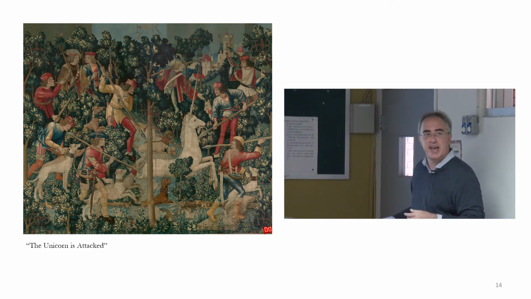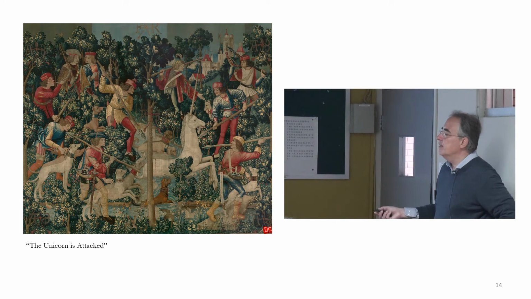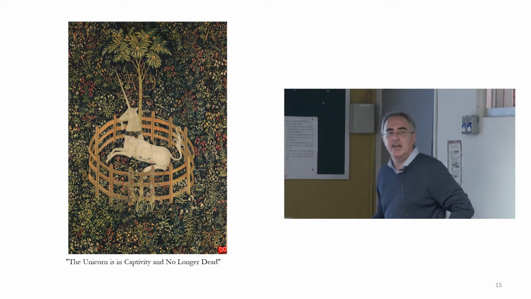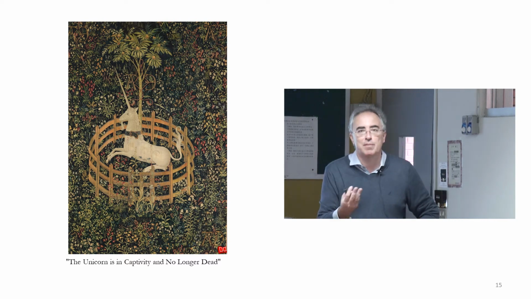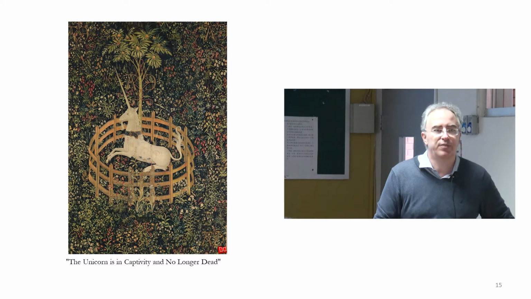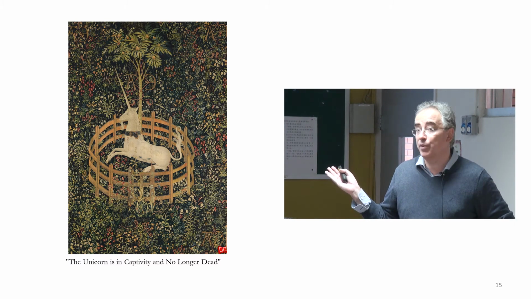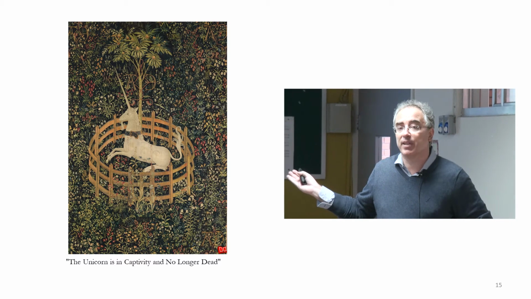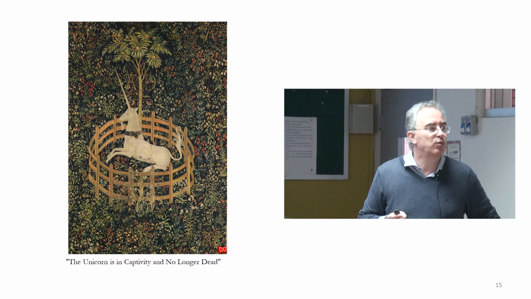The unicorn is attacked. That's another tapestry in the series. And then yet another one, my favorite. The unicorn is in captivity and no longer dead. Somehow the unicorn seems to have made it back to life. They are stunningly beautiful. The colors are much more beautiful than what you can see here, but that's the best quality reproduction I could find.